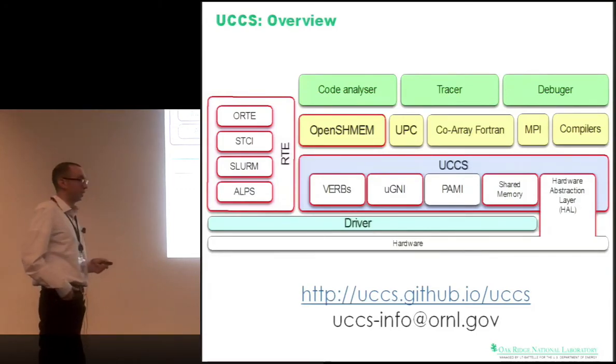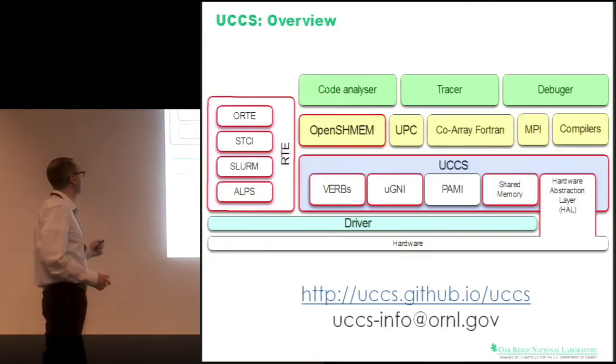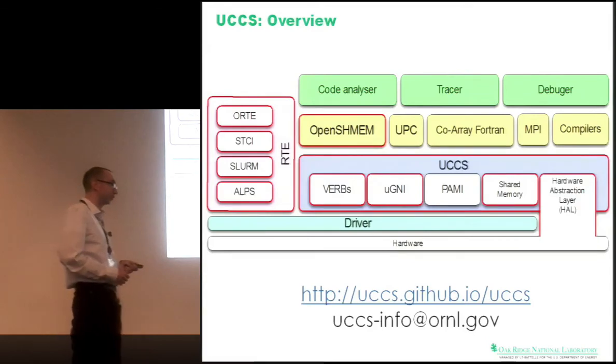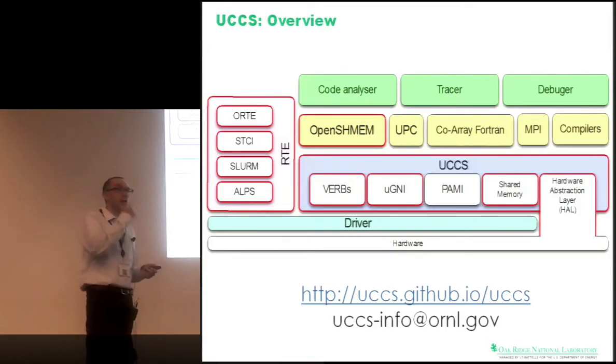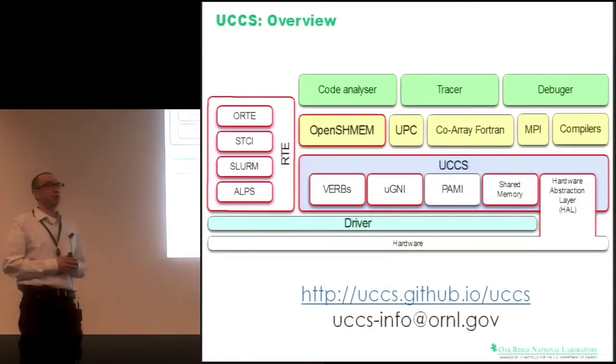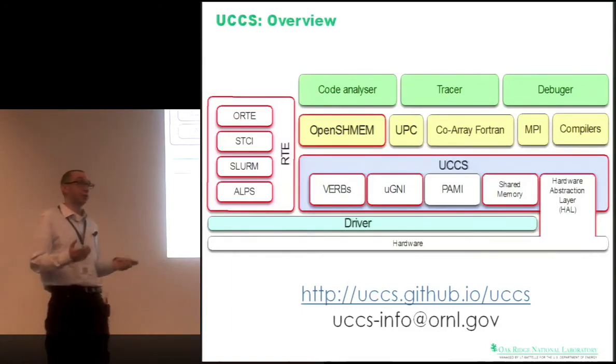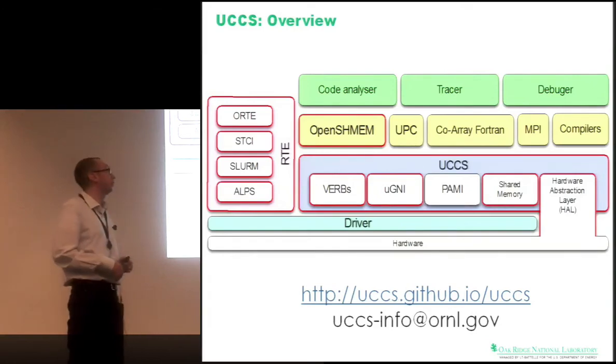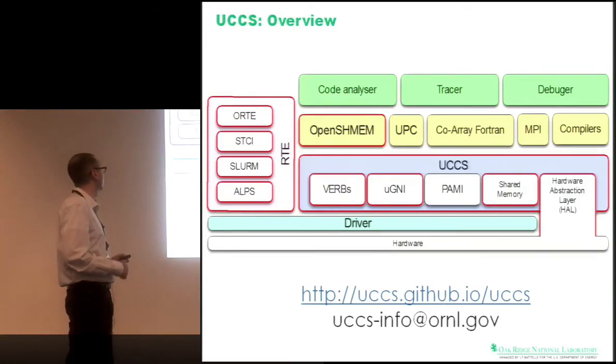In the UCCS library, we actually decoupled the network layer from the runtime environment. RTE stands for runtime environment. In this context, what we call the runtime environment is a service that starts processes on machines and provides very basic out-of-band communication services.